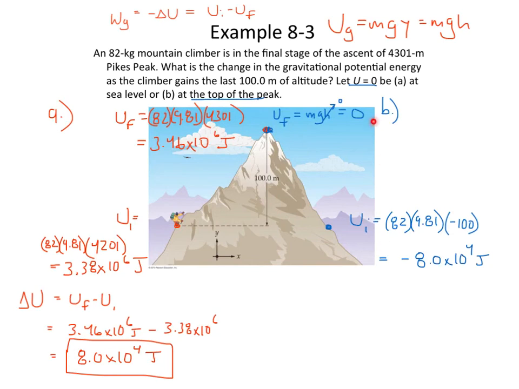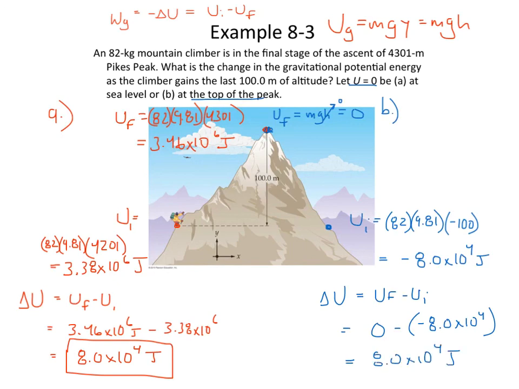Let's just find our change in gravitational potential energy because he's working against gravity to get him up there. So it's going to be U final minus U initial equals, so 0 minus negative 8.0 times 10 to the 4th joules. Well, that's just going to be regular old 8.0 times 10 to the 4th joules.